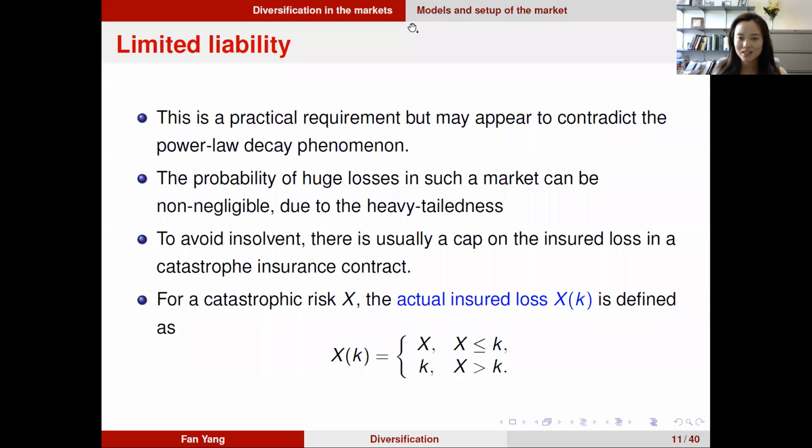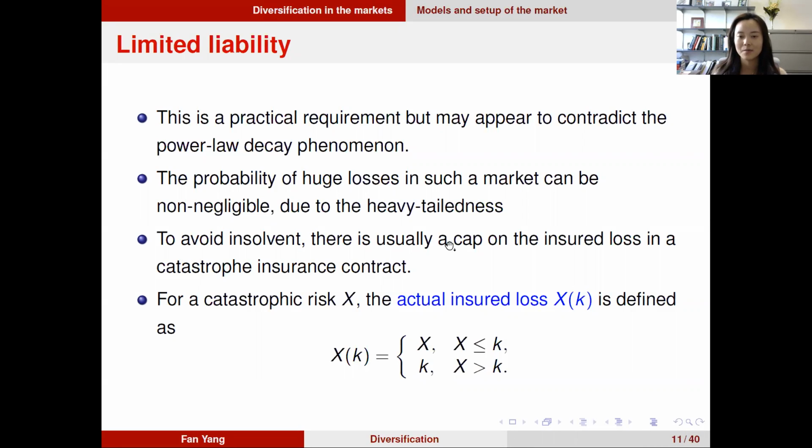But there's a very practical reason for that. Because of the heavy tails, the probability of huge losses from a catastrophe is non-negligible. This is to avoid insolvency of an insurance company.